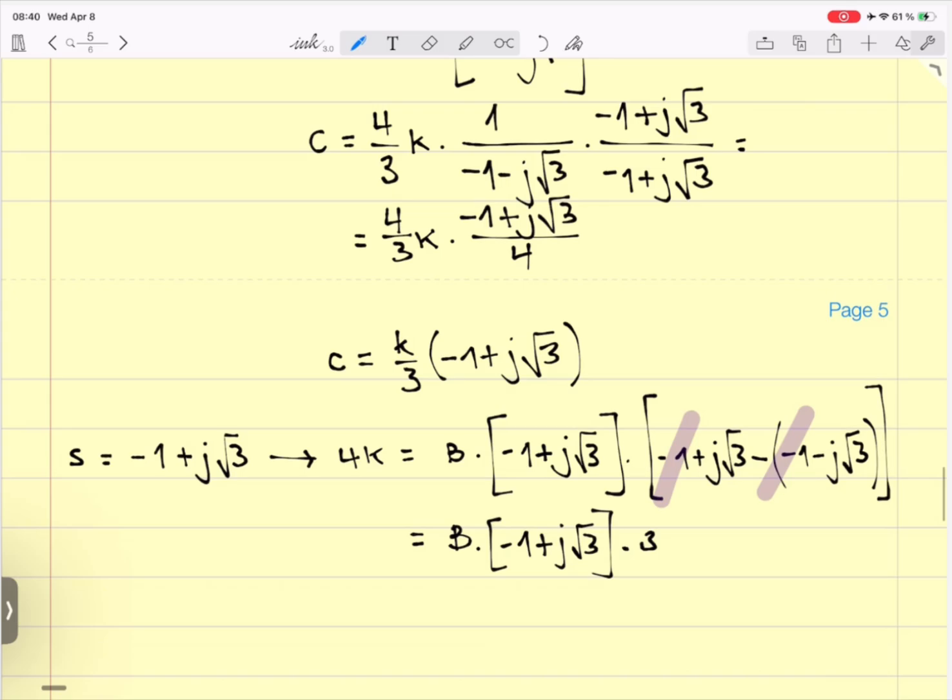So b becomes 4k divided by 3 times 1 divided by (minus 1 plus j square root of 3) times the complex conjugate.